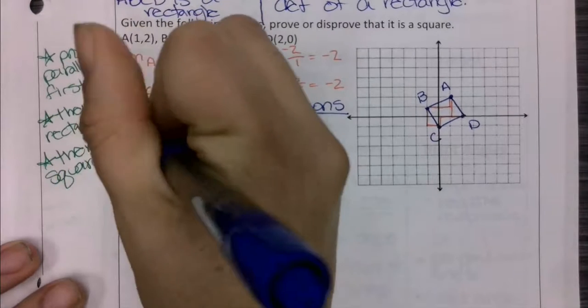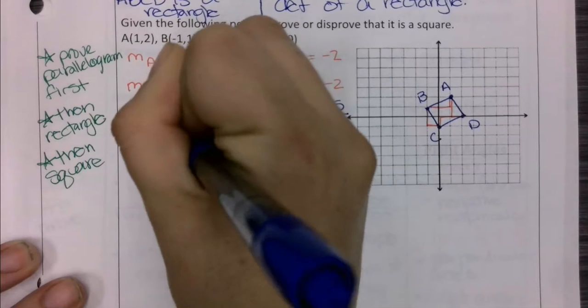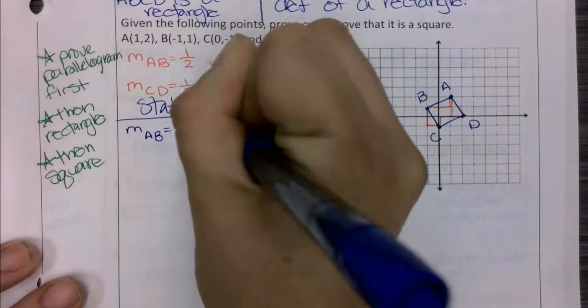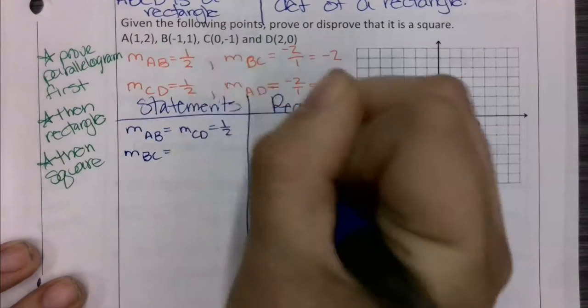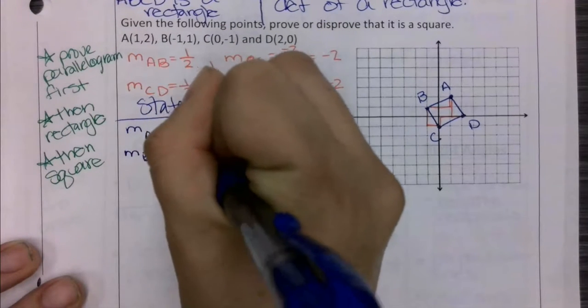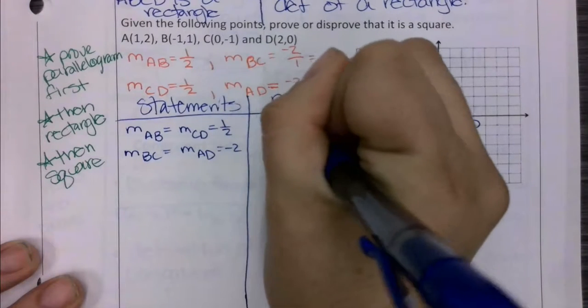So I'm going to have slope of AB is equal to the slope of CD, which is 1/2. And then I have the slope of BC equals the slope of AD, which is -2. And that's by slope formula.